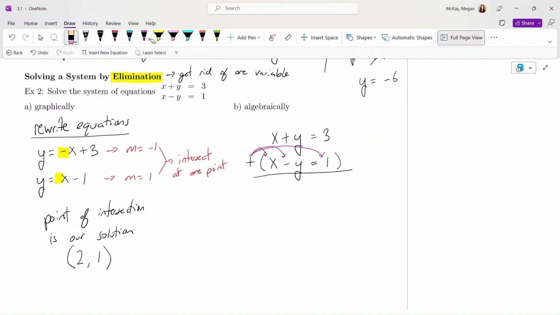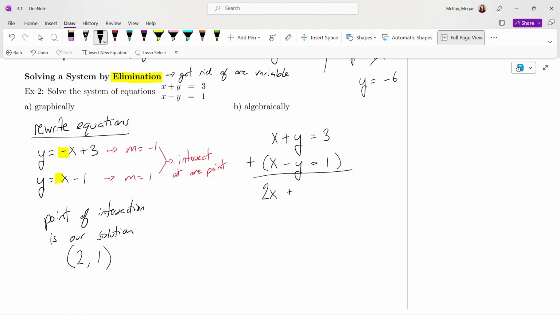What do I mean by that? Alright, well, we have x plus x. That's the first thing we're looking at. That gives us 2x. Then we have a positive y plus a negative y. Alright, plus a negative means we are subtracting 1y from 1y.